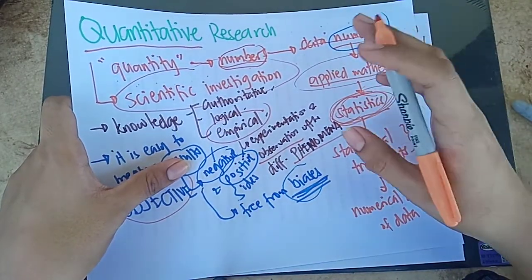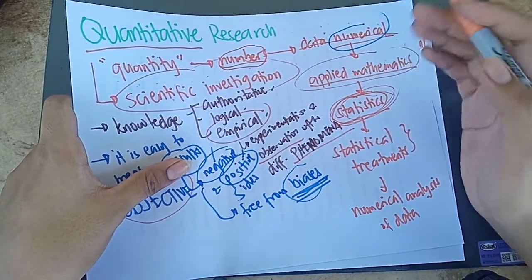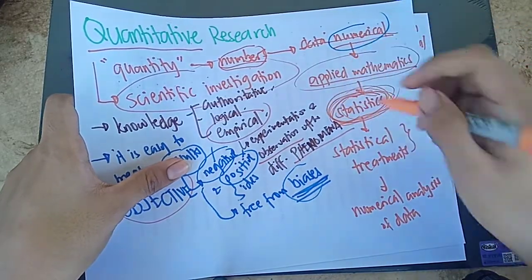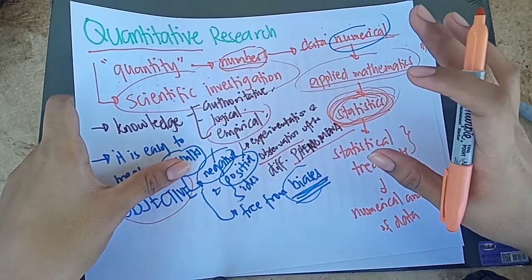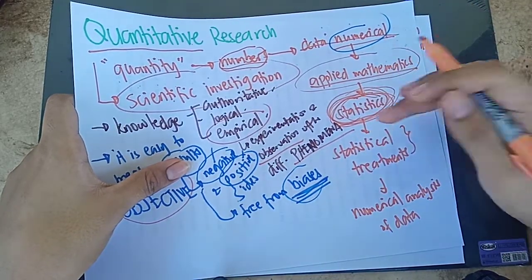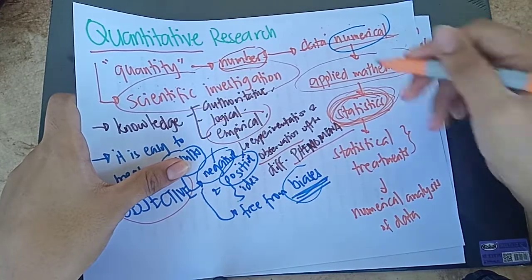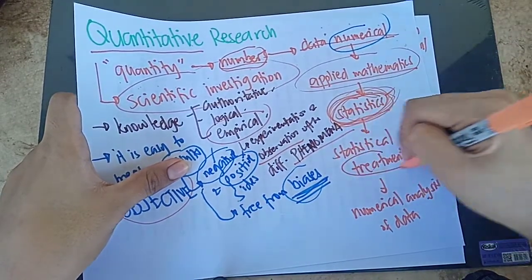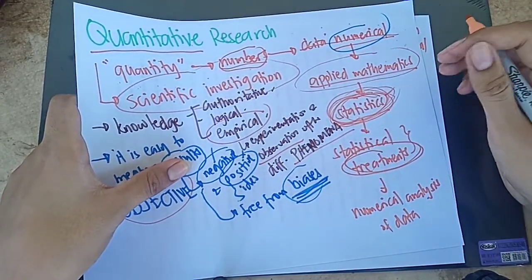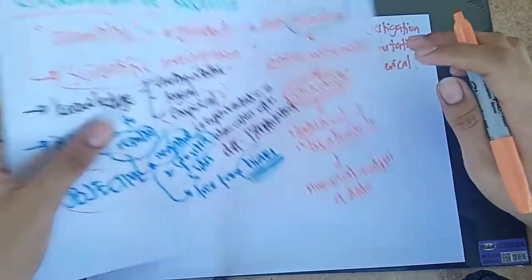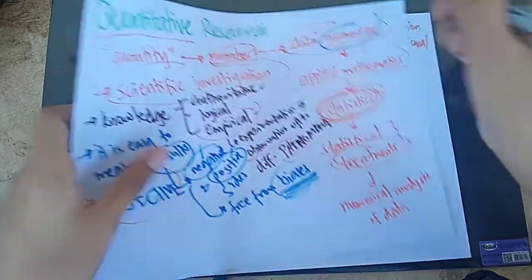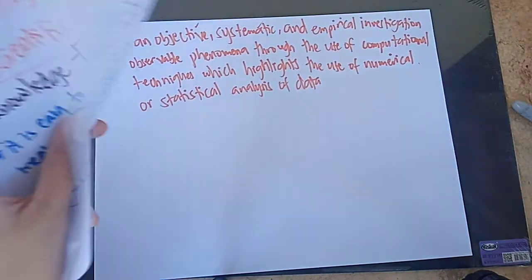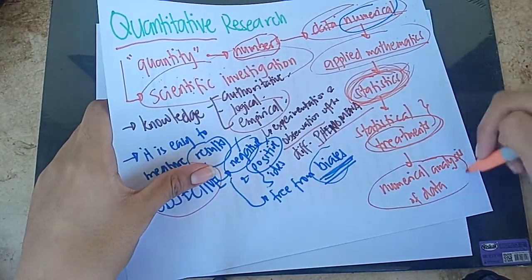When we say computational techniques, we apply treatments to make use of statistics. Again, try to write that down. Computational techniques, meaning we apply treatments to make use of statistics, which highlights the use of numerical or statistical analysis of data.